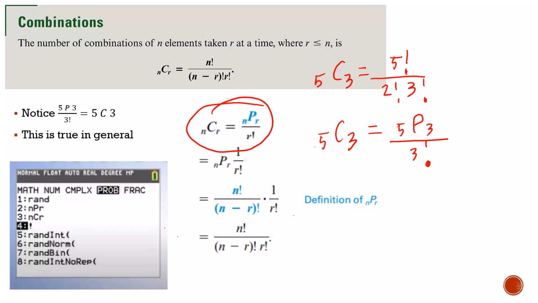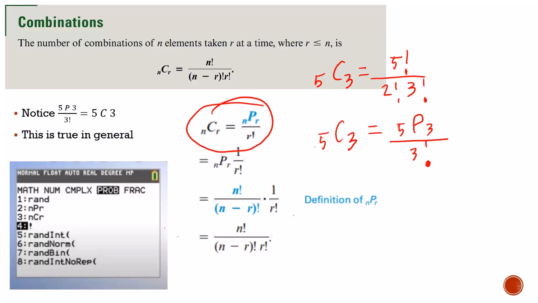Okay, so let's answer these important questions. The difference between combination and permutation is, in a permutation, the order matters. In a combination, it doesn't. So why are we dividing by the r factorial?